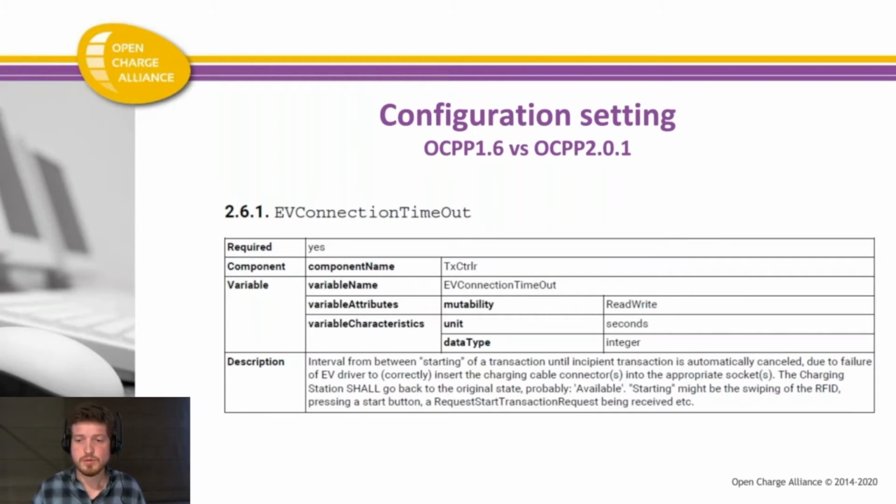And for the rest, the information is the same as in OCPP 1.6, but it contains a bit more information about the characteristics of the configuration setting.